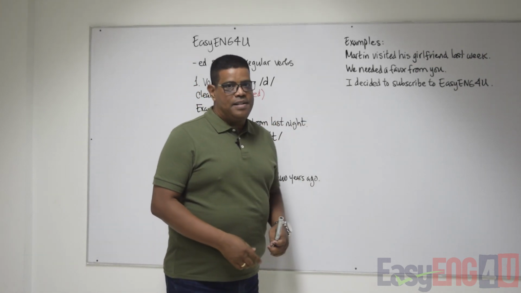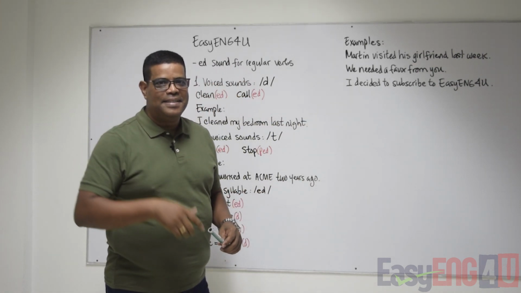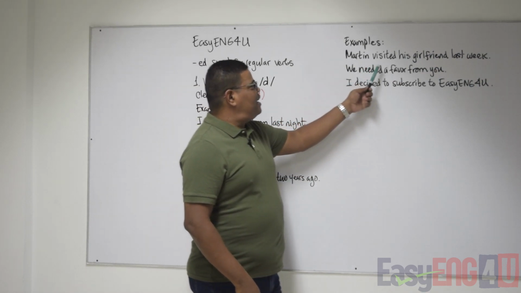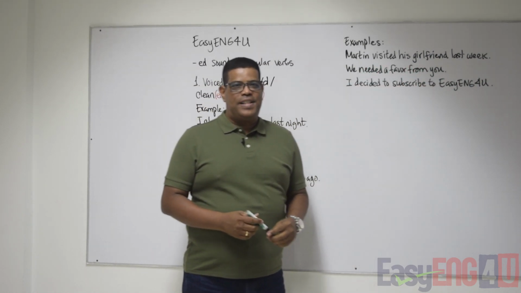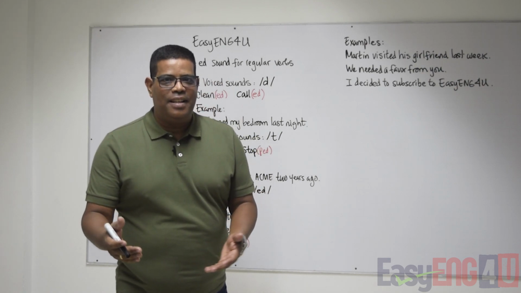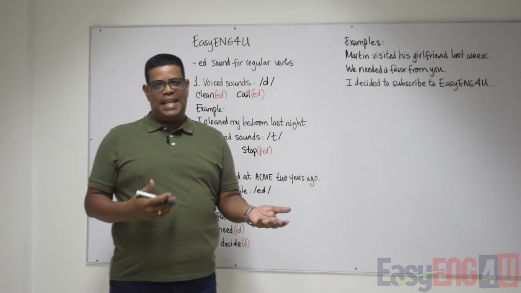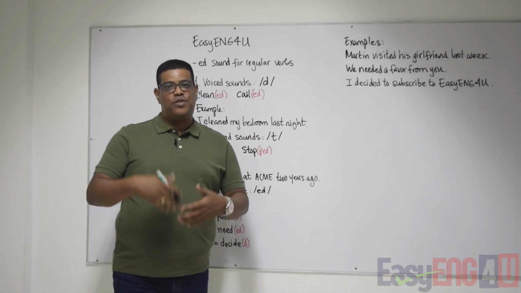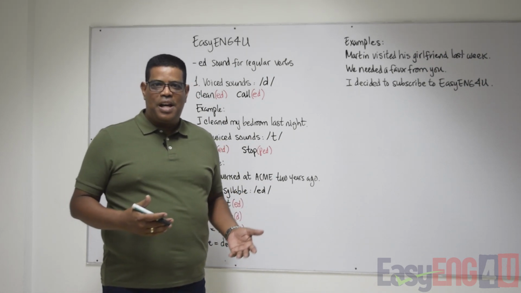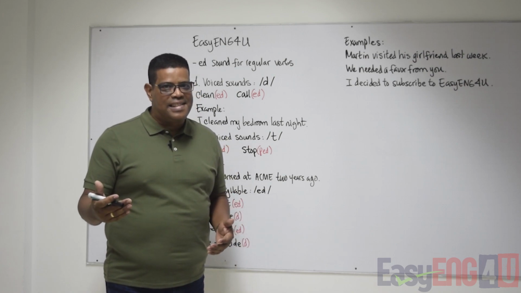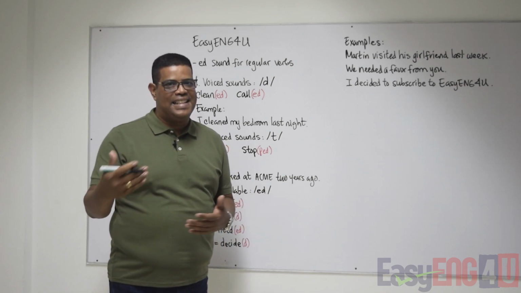Let's take a look at the examples that I have right here. For example, Martin, the cameraman. Hey, Martin. Martin visited his girlfriend last week. You say visited. You don't say Martin visits because you're not speaking in the simple present. And if you are speaking in the simple present, then you have to say Martin visits. Okay? Visits, not visit.